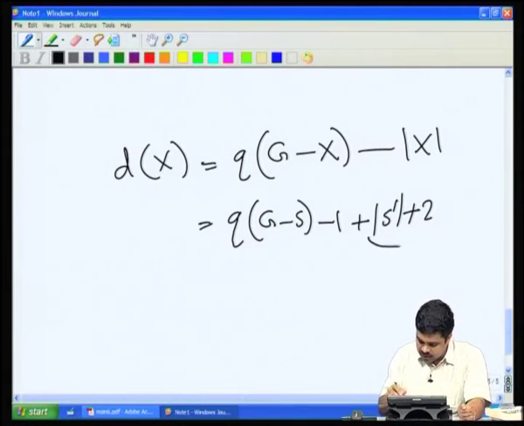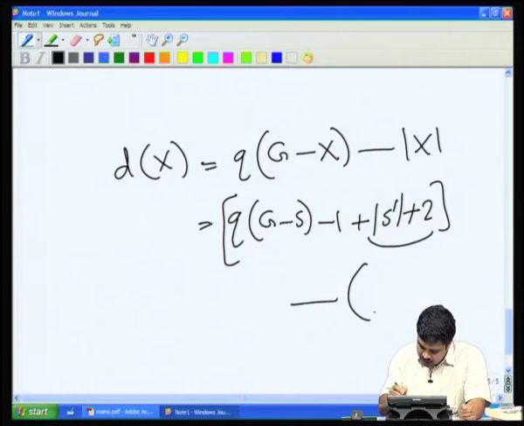We have added this many new, and on the other hand x is increased from S by S dash and one more.